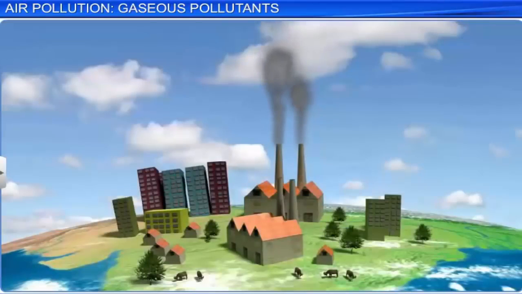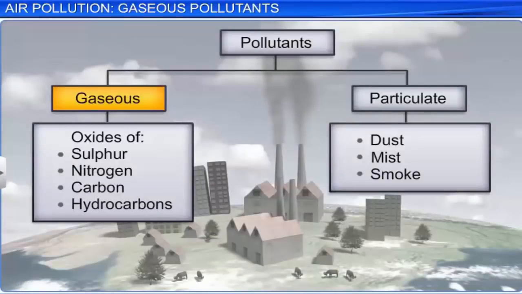Particulate matter and gaseous pollutants cause pollution in this region. The major gaseous pollutants of the atmosphere are harmful gaseous oxides, including the oxides of sulfur, nitrogen, and carbon, besides hydrocarbons. The major particulate pollutants are dust, mist, and smoke.